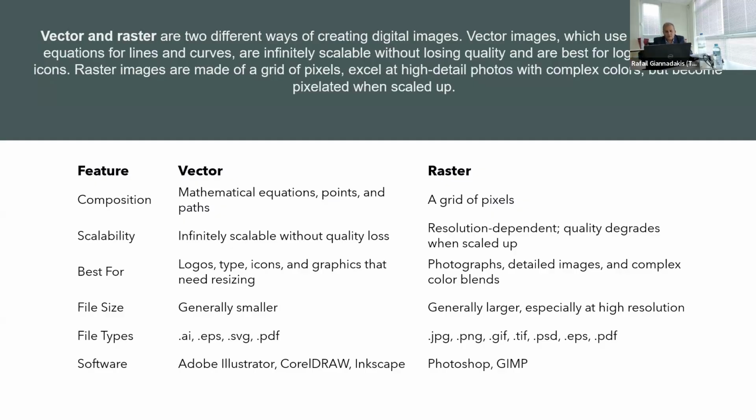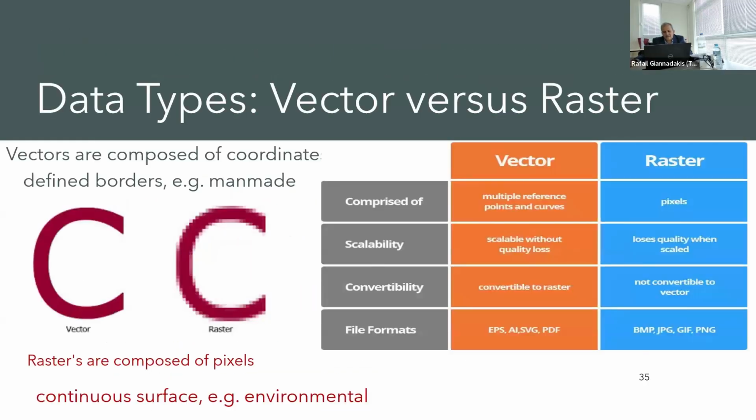So the main difference is this: look, I have a vector and a raster. Here, the letter C is a vector. It is a file designed for fonts. If you make the fonts of Microsoft Office larger, enlarge the size, they don't change their shape.